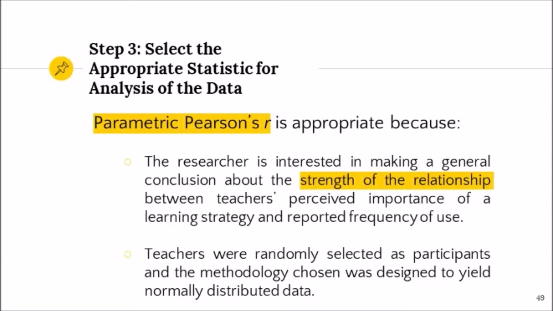Number 1. The strength of the relationship between teachers' perceived importance of a learning strategy and the reported frequency of use is the focal point of this practice problem. Second, teachers were randomly selected as participants, and the methodology chosen was designed to yield normally distributed data.